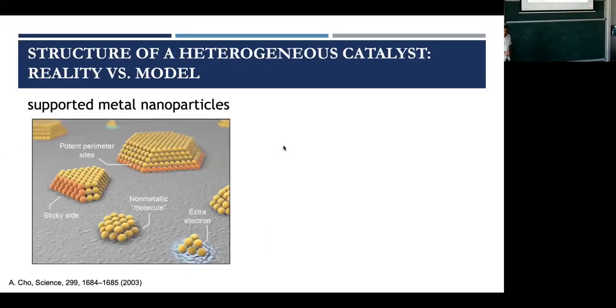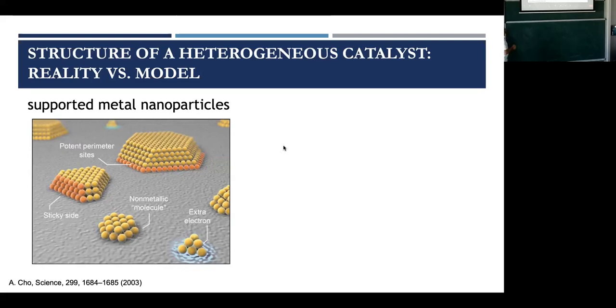Also, these catalysts, as I mentioned, are supported metal nanoparticles. So we have an oxide support, and then we have these metal nanoparticles of different sizes and shapes, and we have different effects coming into the picture.